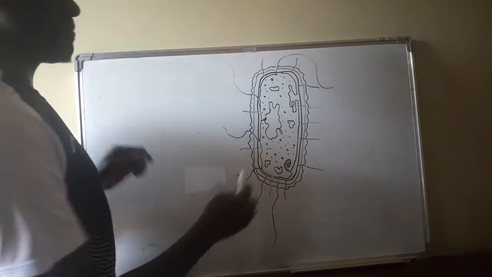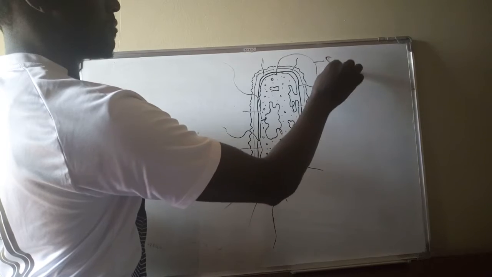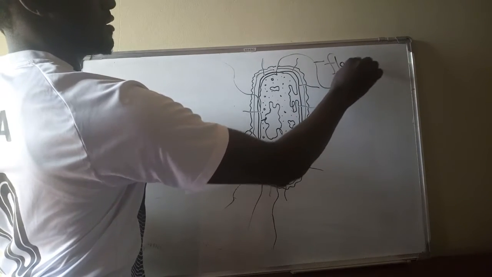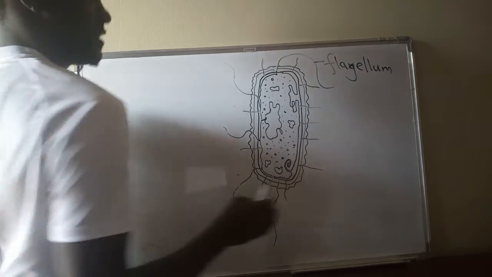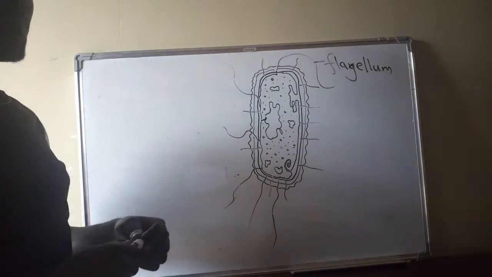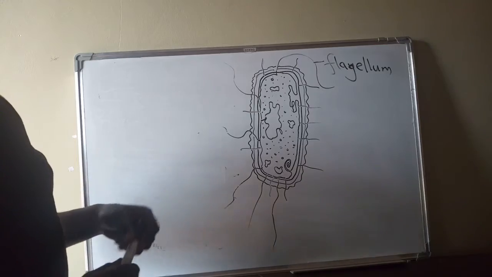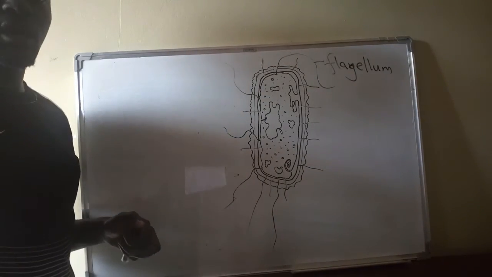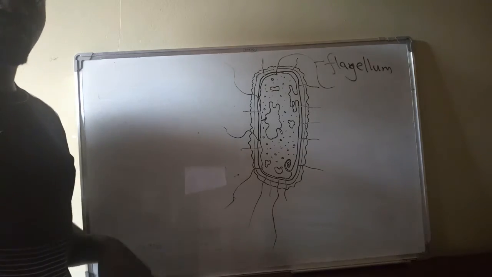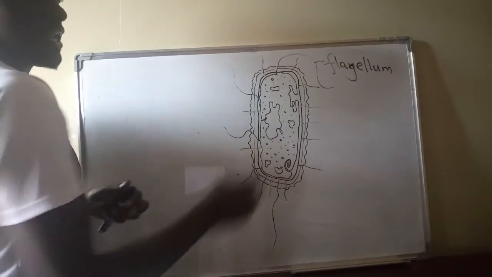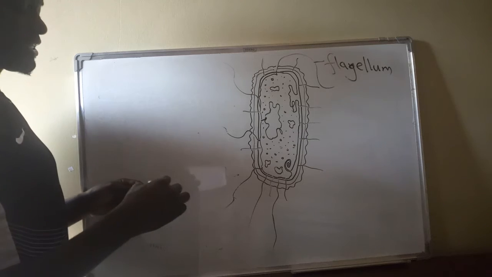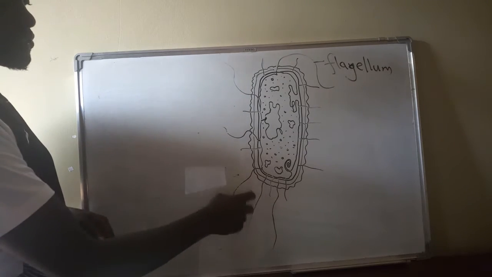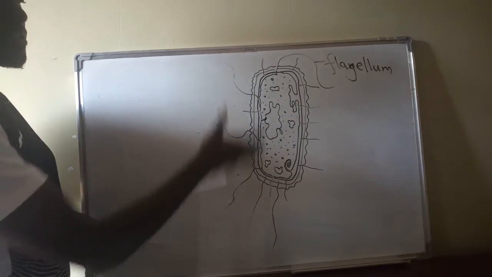Some of them have flagella. Some have and some don't have. Free-living bacteria that are found within water, within ponds, and on free surfaces are the ones that like to have flagella. Some bacteria are multiflagellated, with several flagella.